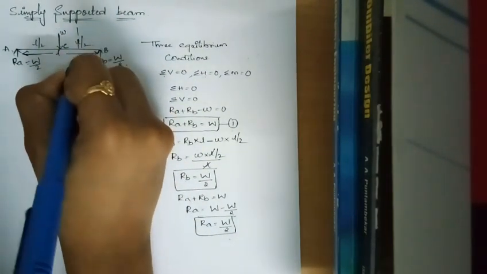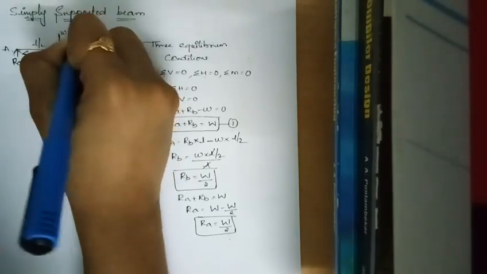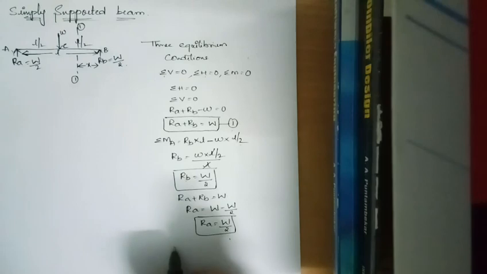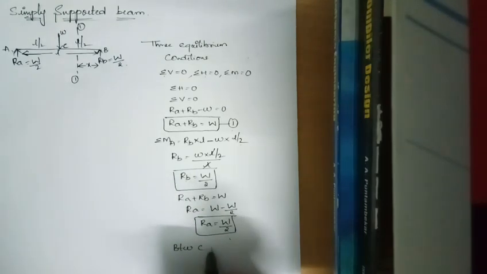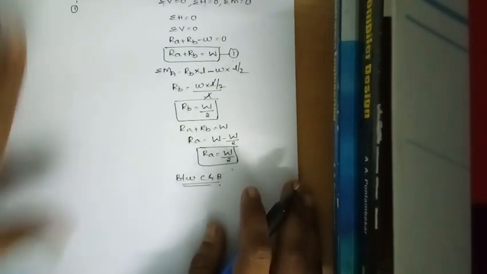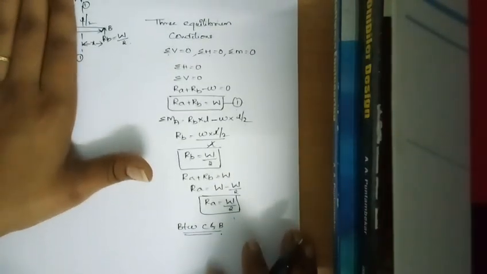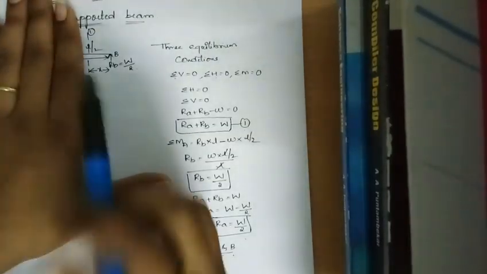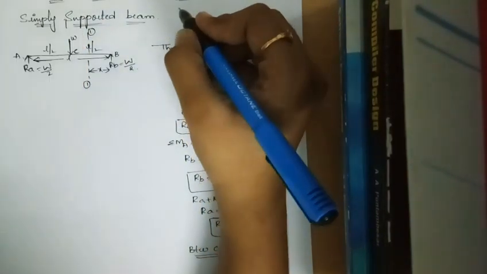Now consider a section 1 at a distance x from B, between C and P. Now see here, sign conventions.